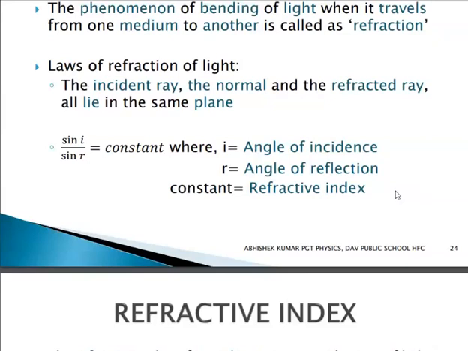That is, sin i over sin r equals a constant, and this constant is called the refractive index or relative refractive index of the first medium in comparison to the second medium, or of the incident medium to that of the refractive medium.